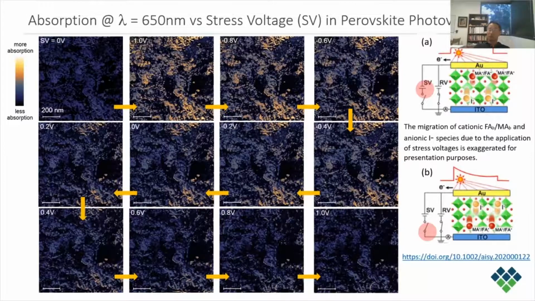Going from 0 to -1 volt, corresponding to figure A and the first 2 PiFM images, the accumulation of the cations on the surface increases the absorption greatly. As the stress voltage is decreased from -1 volt to 0 volt in 0.2 volt steps, the electric field that holds the positively charged ions gets weaker and becomes less effective to maintain the surface cationic species.